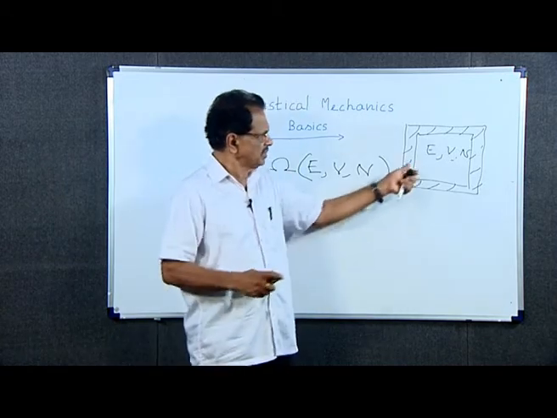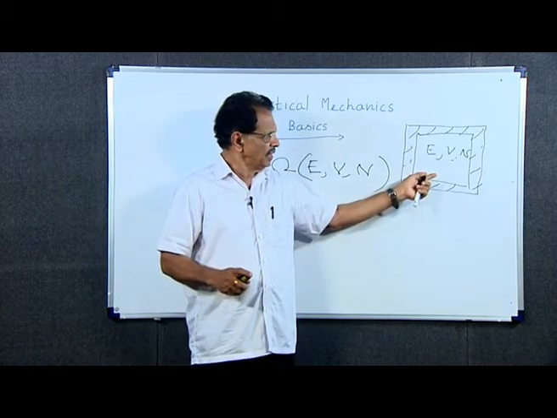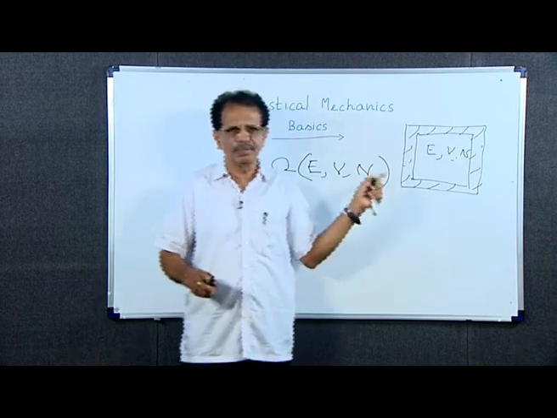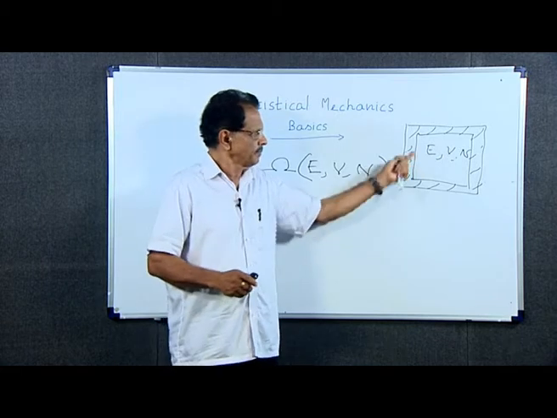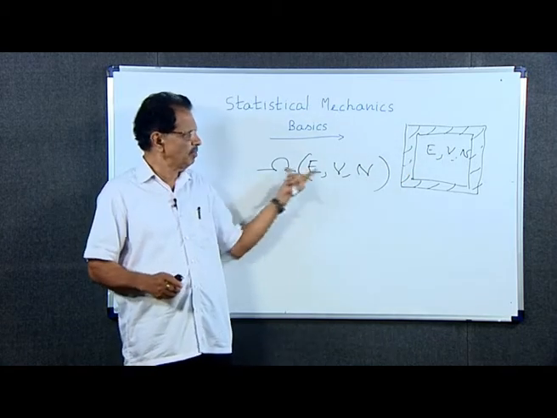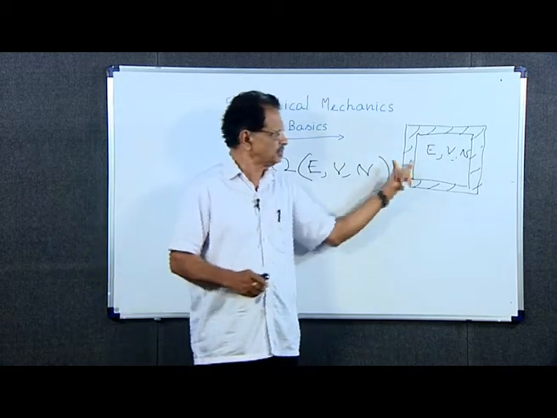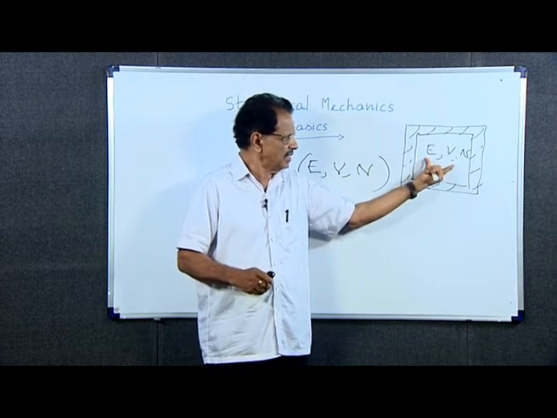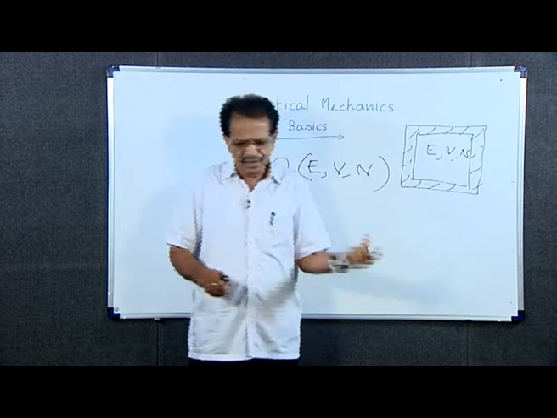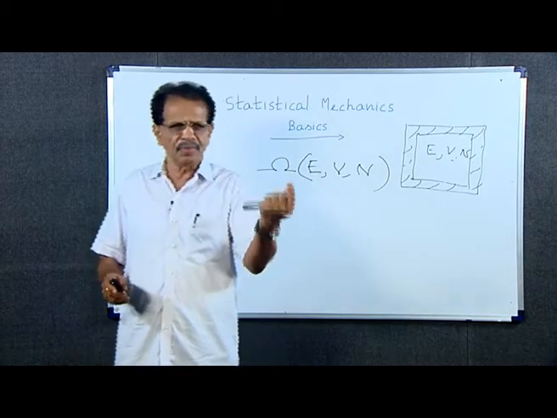When we talk about a system, we all know that the complete description of a microstate is very complicated, because omega talks about the number of microstates. The complete description of a microstate is very difficult, because one mole contains 10 to the power 23 particles.